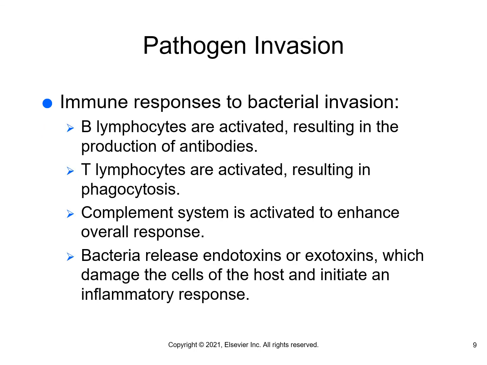So when we talk about pathogen invasion, we're talking about how the infection is happening, and I need you to be aware of that, because if you don't know how the pathogen can invade, you're not going to know how to prevent that invasion. So you need to know the modes of transmission. First mode of transmission is penetration, and penetration is when you disrupt the barrier that we have, which is the skin or mucous membrane.